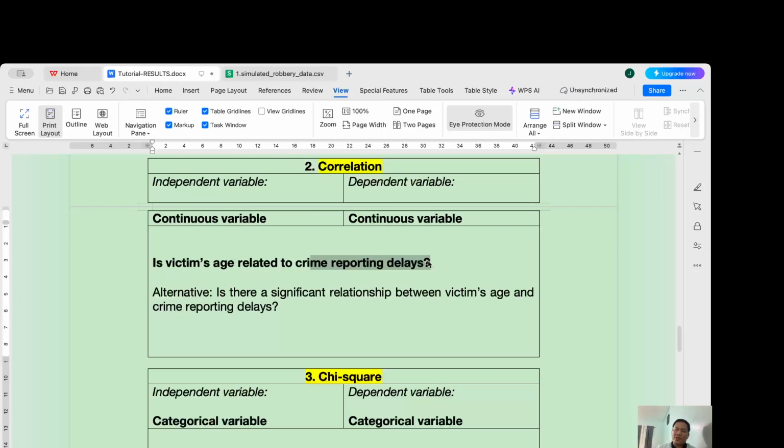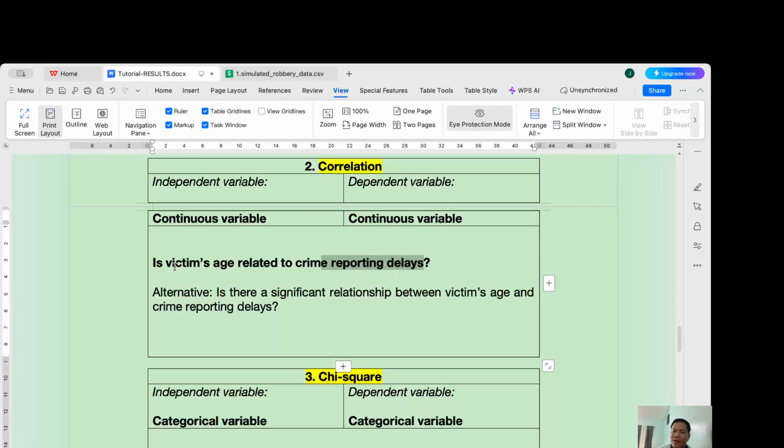If the relationship is negative, on the other hand, it means when the independent variable increases, the dependent variable decreases. So the opposite of positive relationship. So here, if victim's age increases, crime reporting delay decreases.